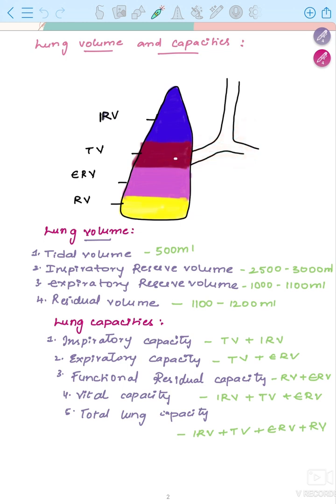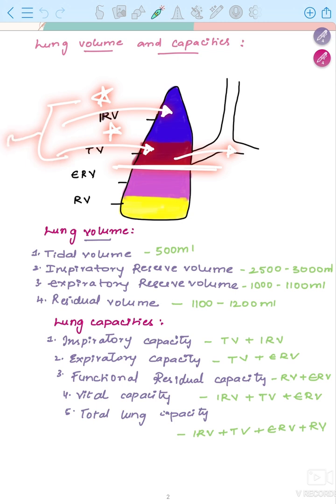Now after normal expiration, this is the volume of lung. After that, normal inspiration plus the additional volume of air inspired forcefully, both together, is known as inspiratory capacity, which includes tidal volume and inspiratory reserve volume.